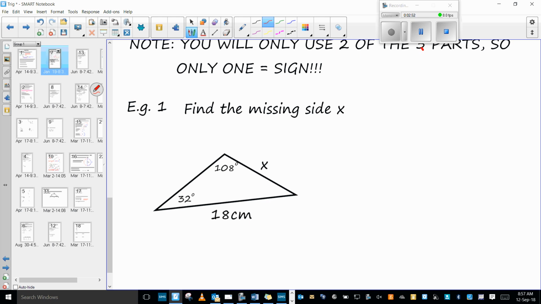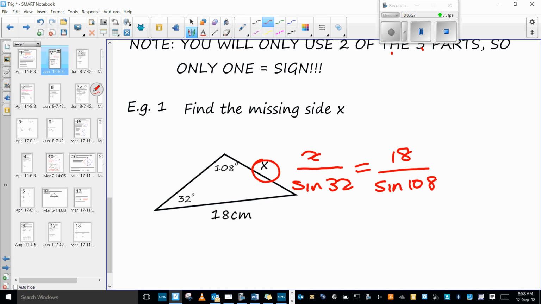As I said, I don't want you to start stressing about labelling stuff, so I just want you to remember the connection. If I was trying to find this side length, I start with my unknown, x. I'm going to divide that by what? Sine 32, careful, sine 32. And I'm going to say that's equal to what? 108 over sine 108. So we write our statement.